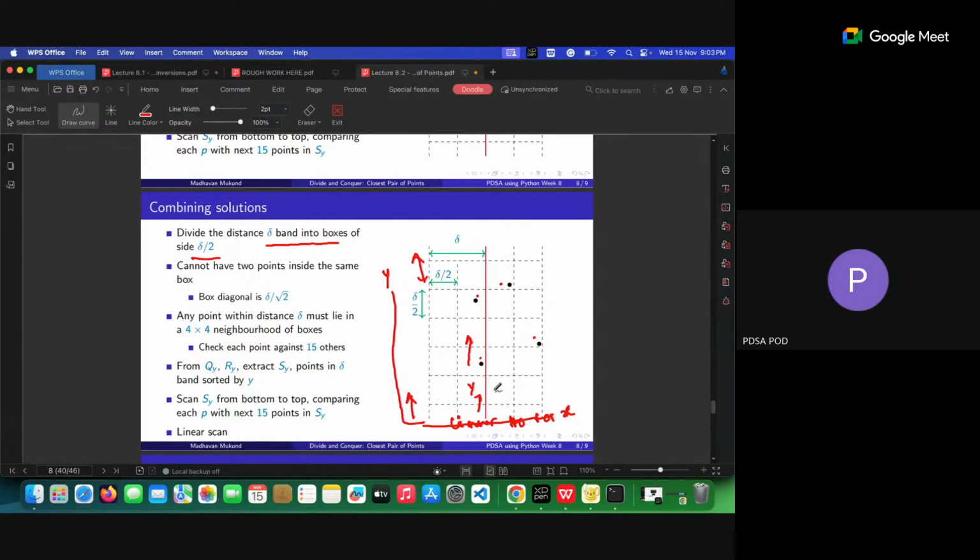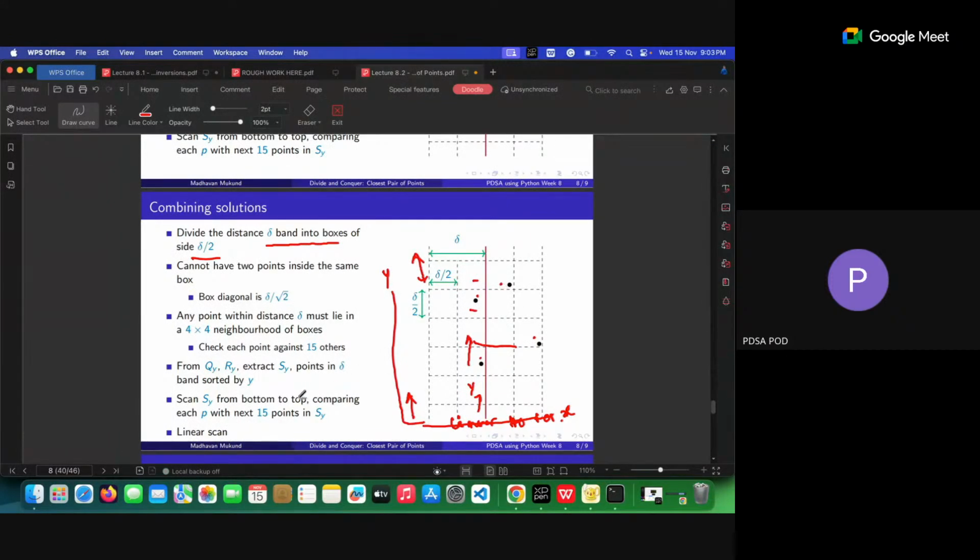This box has 1 point, and this box has 1. Similarly, another box has another point. I hope you understand. So this point is compared with a maximum of another 15 points. Similarly, this point is compared with another 15 points across the boundaries. Clear?